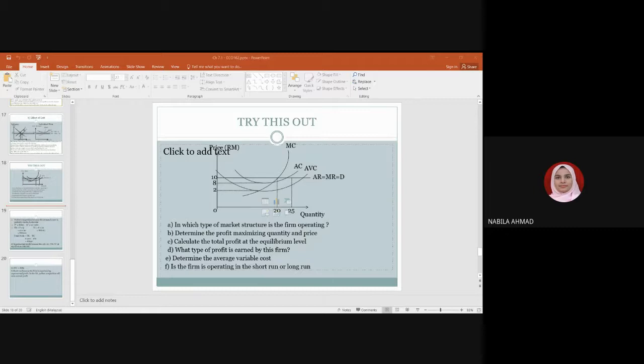So boleh tengok page 262 short answer question, soalan 1 dan juga soalan 2.